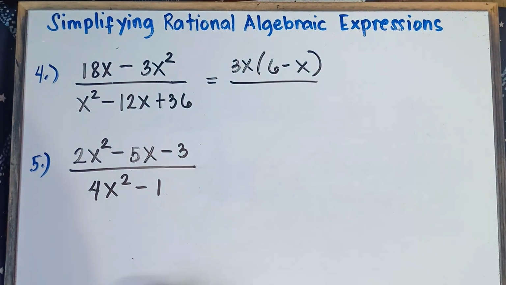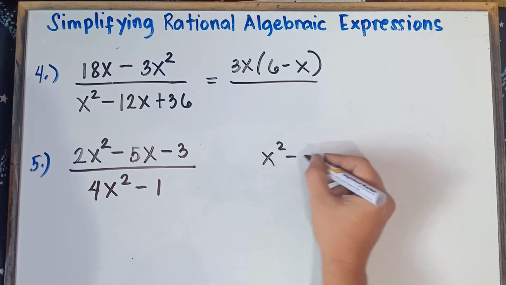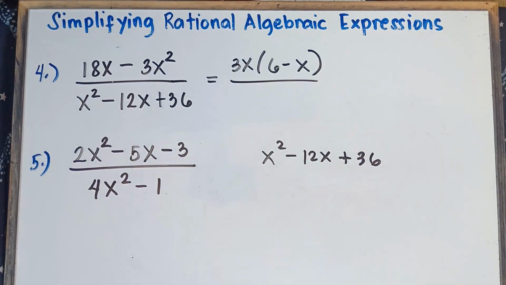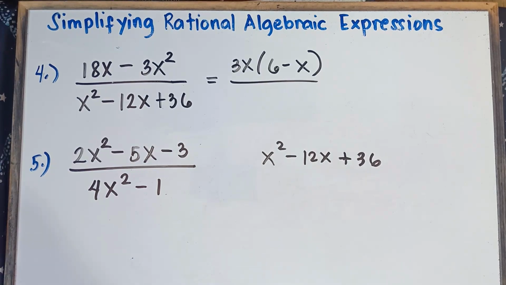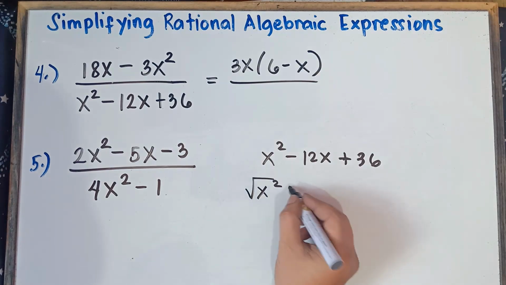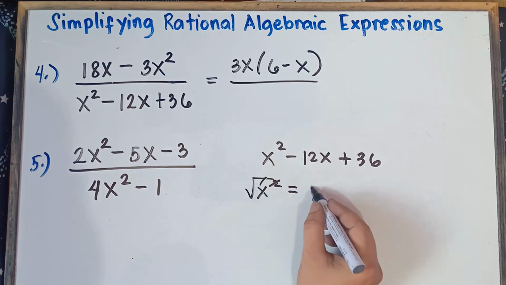Alright, and then for our denominator, x squared minus 12x plus 36. Now question class, is this a perfect square trinomial? Yup, this is a perfect square trinomial. How will you know? Simply get the square root of the first term, the square root of x squared, that would be x.